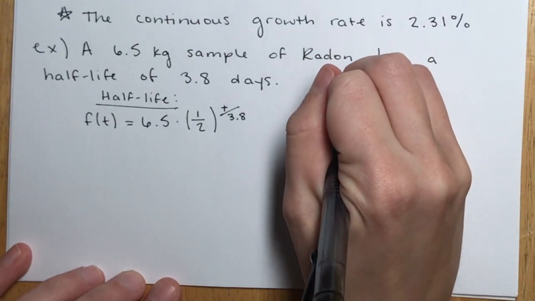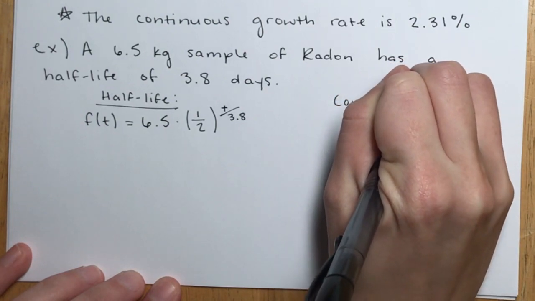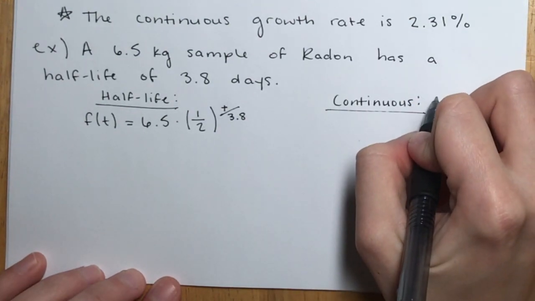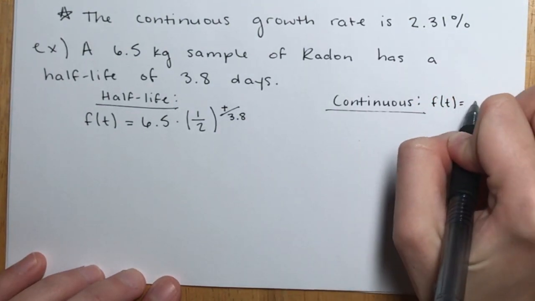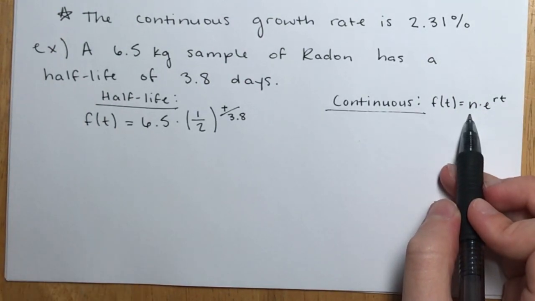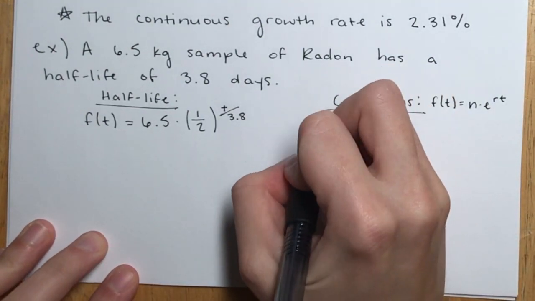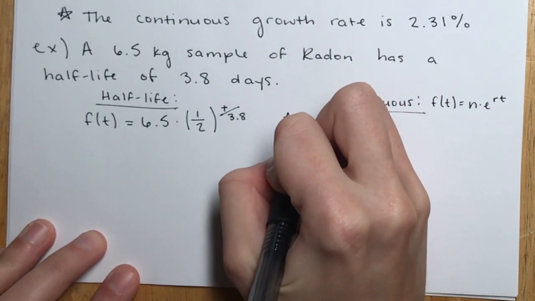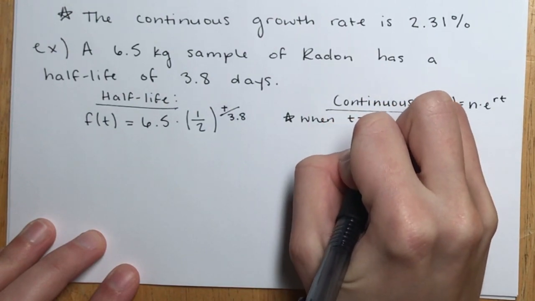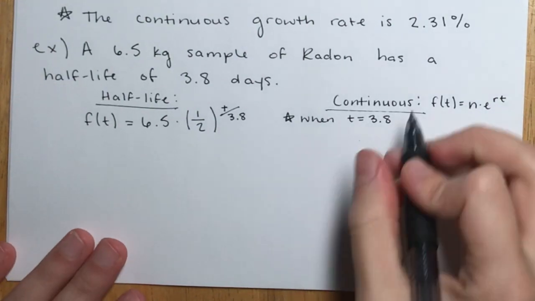Cool. Okay, so let's look at this continuous model. Again, we are starting with this sort of skeleton. We know n, again, is 6.5. And we also know when t equals 3.8, what do we know? How much of it is left? What is our amount?